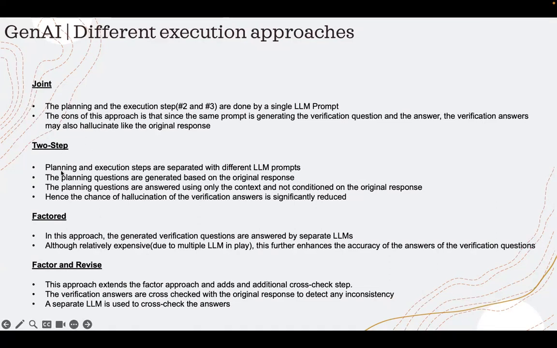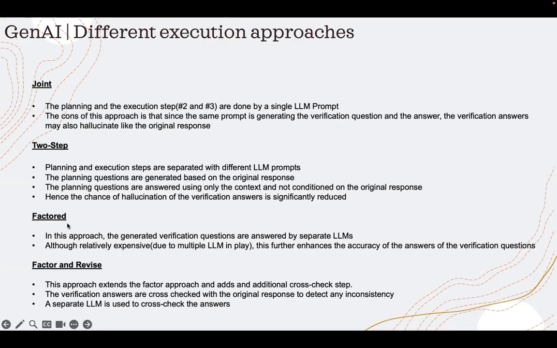The two-step process is where the planning and the execution steps are separated with two different language model prompts. The planning questions are generated based on the original response, but then they are answered by a completely different LLM prompt, where only the context is taken to answer the verification questions, not the original response. So the chance of repeating the hallucination is drastically reduced.